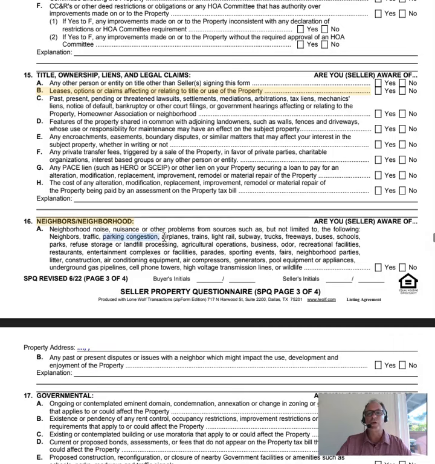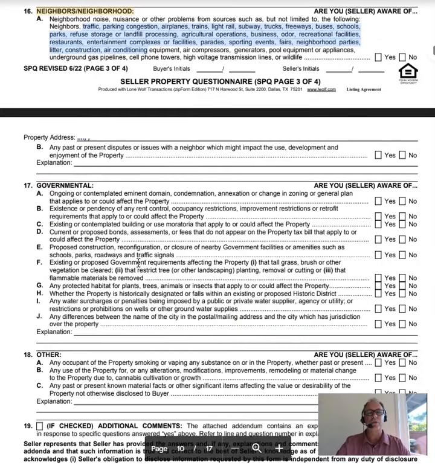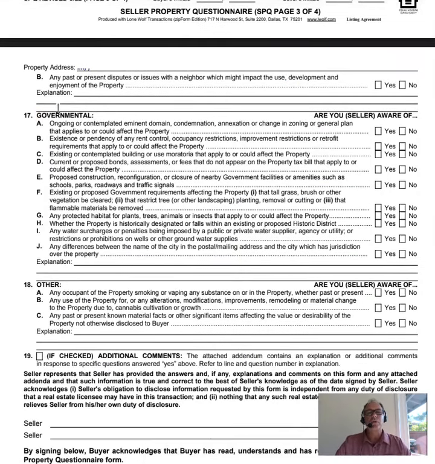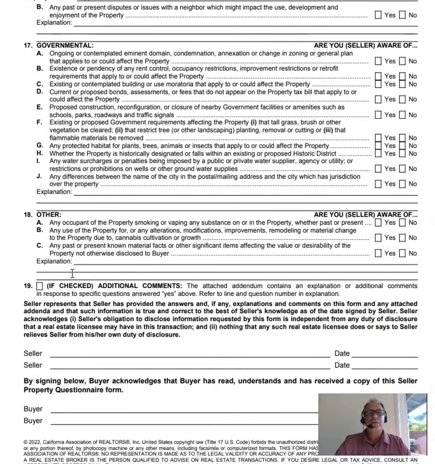Parking congestion, airplane noise, trains, subways, trucks, freeways, road noise. A lot of this is pretty subjective. Air compressors, generators, pool equipment, something that would bother someone, not necessarily you, but someone else. And if you can think of that, you want to basically check yes and put whatever that would be in this section. These are just a series of questions.